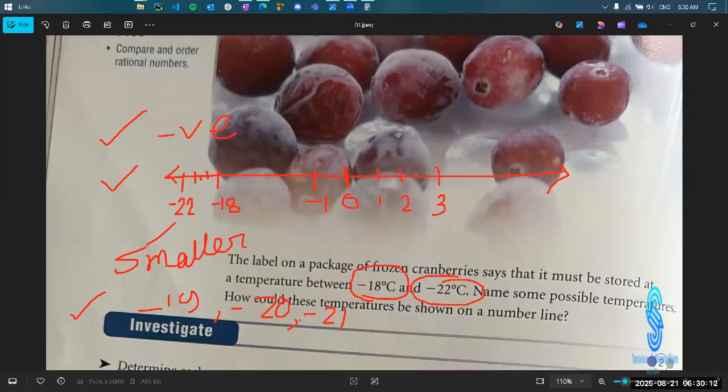Right? So what 3 points have we already got? These 3 points, what I have just said.